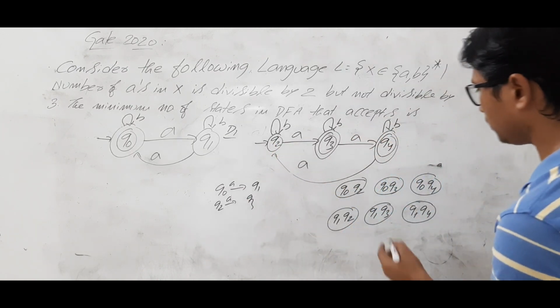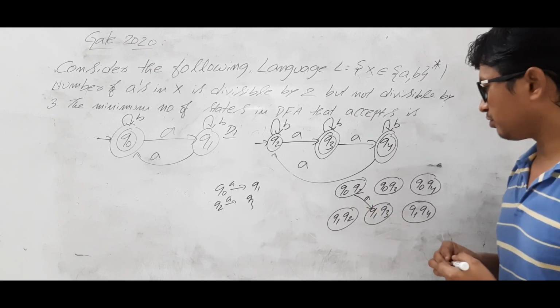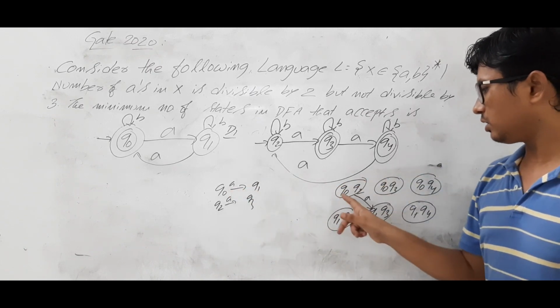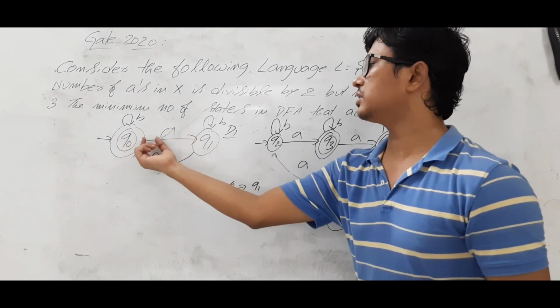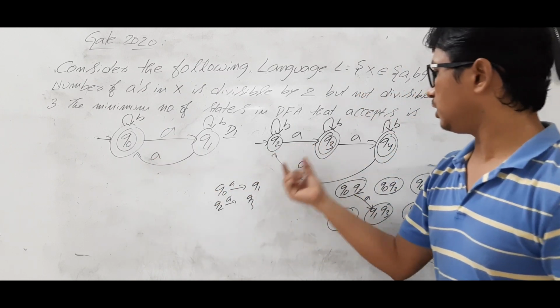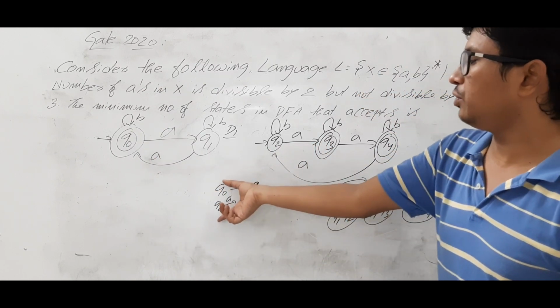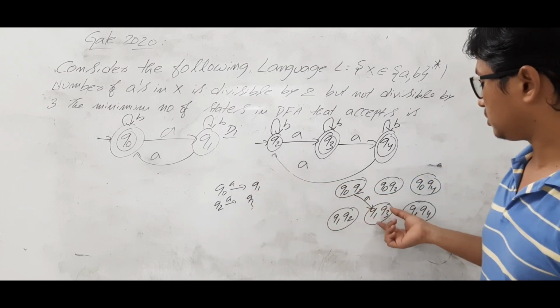So it is going to the state Q1 Q3 on A. Are you able to follow it or not? Q0 on A goes to Q1, Q2 on A goes to Q3, so from Q0 Q2 on A you go to the state Q1 Q3.